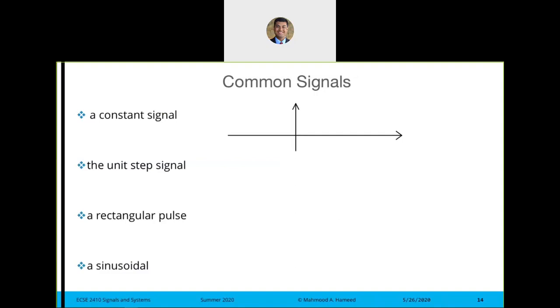So again, I'm going to have a time variable here, and I'm going to have some f1 of t over here. And I will use red with probably a slightly thicker line, and I will say this is constant. So no matter what the time is, my signal is constant. In the middle, maybe I can say this is 0.